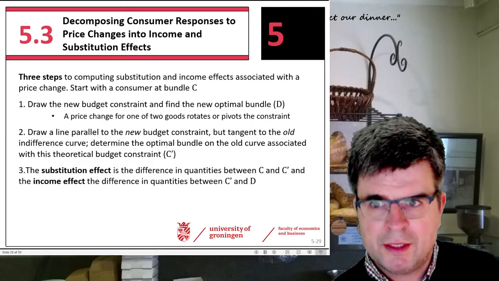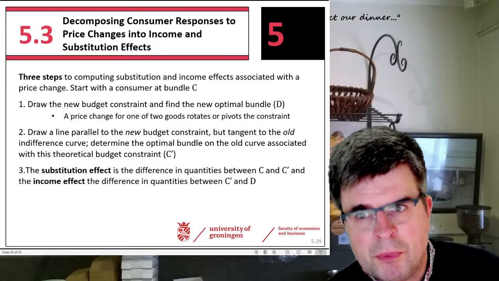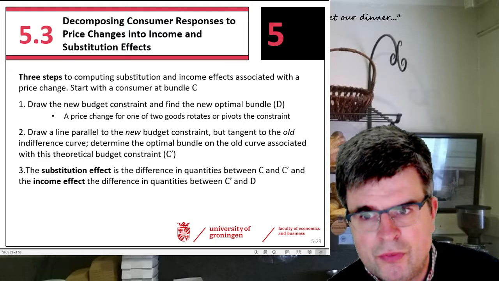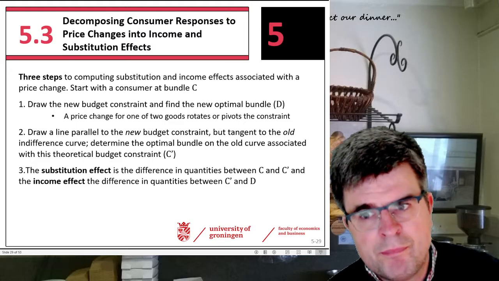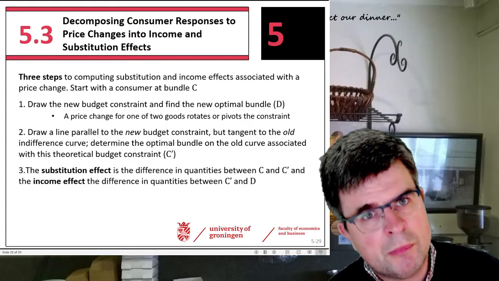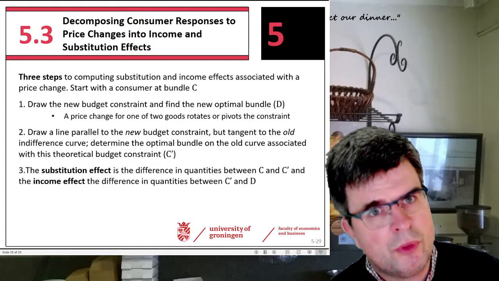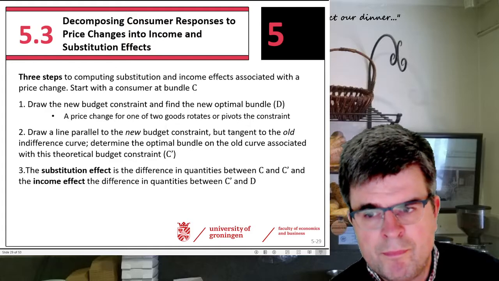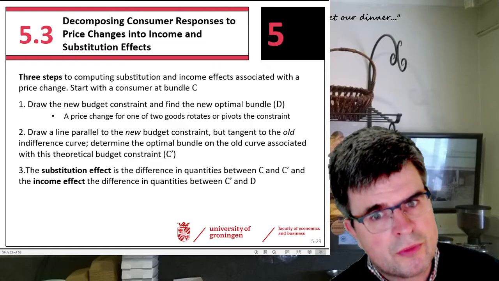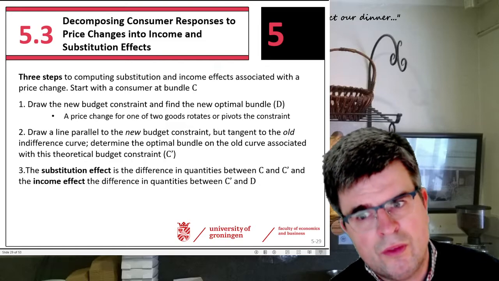So to summarize, in decomposing the consumer response to price changes into the separate income and substitution effect, we take 3 steps. First, we draw the new budget constraint and find the new optimal bundle. Comparing that to the old bundle gives you the total effect. Then we draw a line that is parallel to the new budget constraint, but tangent to the old indifference curve.